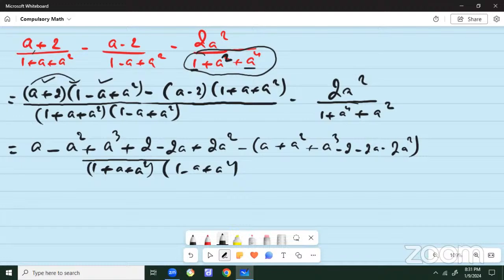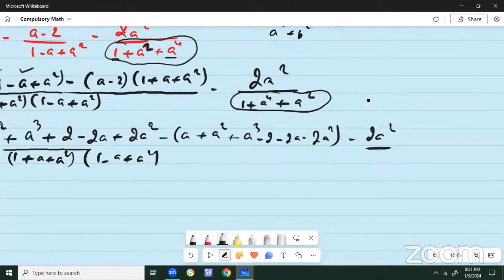And if you factorize this one, rearranging the terms like this and keeping the formula of a square minus b square, you will get the factors as 1 minus a plus a square and 1 plus a plus a square.